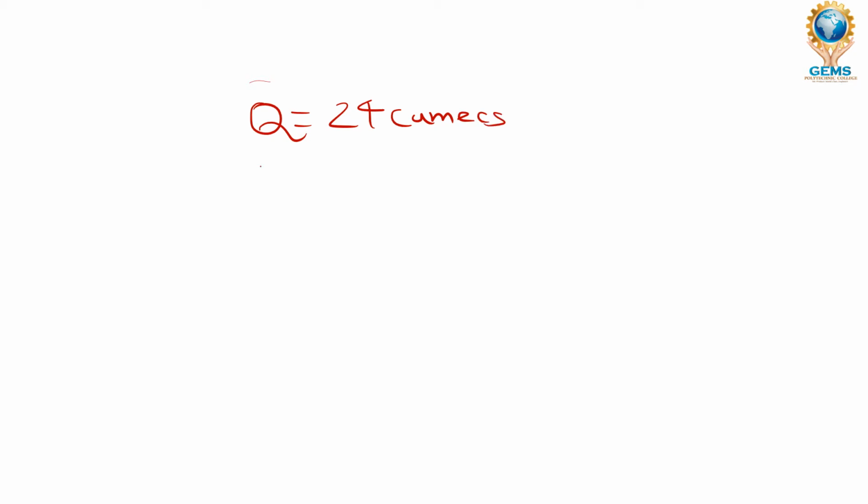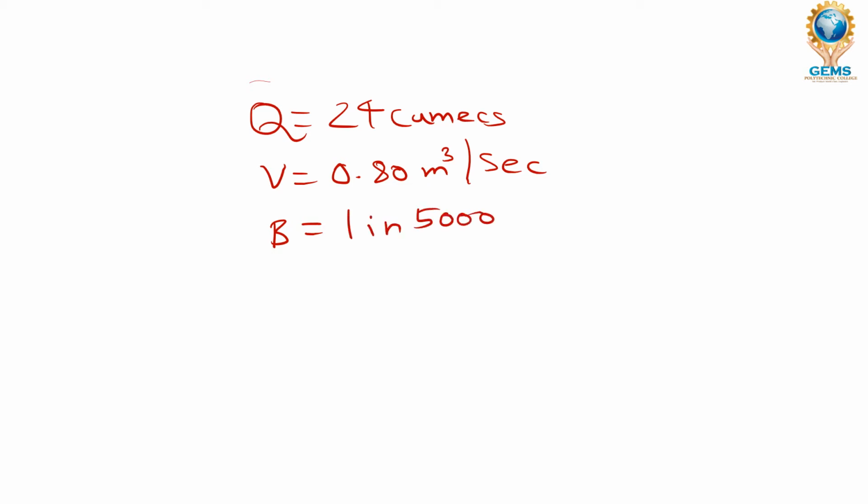Then our mean velocity, which is 0.80 meter per second, and our bed slope value, which was given as 1 in 5000. Then our Chezy's constant value is 24 and our side slope value is 1:1.